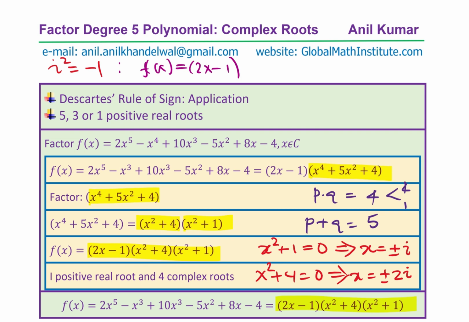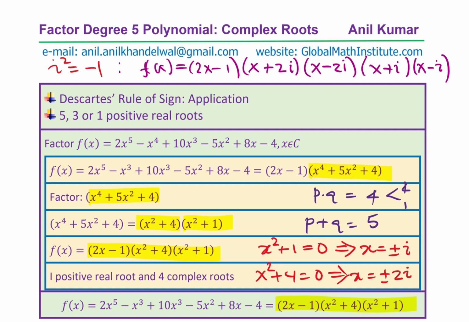Now this x squared plus 4, we know 2i is the factor of this. So it is x plus 2i times x minus 2i, and then we have x plus i times x minus i.